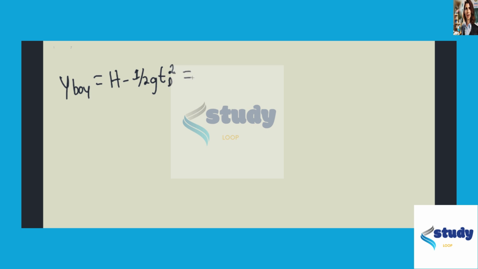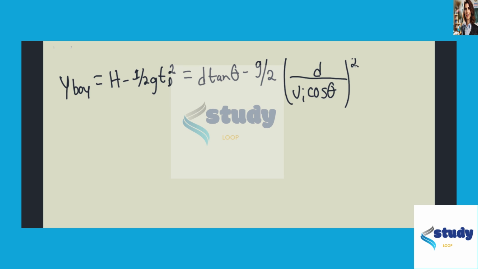This is going to equal d tangent of theta minus, again, g over 2 times d over v initial cosine of theta quantity squared. And as you can see, this is exactly equal to the y position of the balloon, which means that if at a certain time they have the same y position, the buoy and balloon will collide.